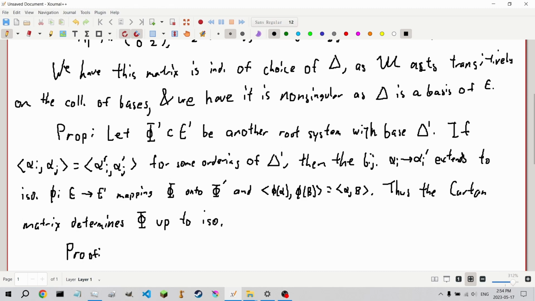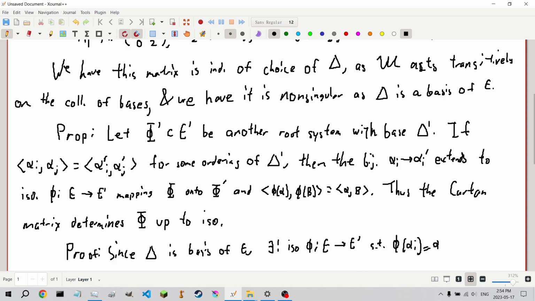And the proof: since delta is a basis of E, and likewise delta prime on E prime, there exists a unique vector space isomorphism sending E to E prime such that phi of alpha i is alpha i prime.